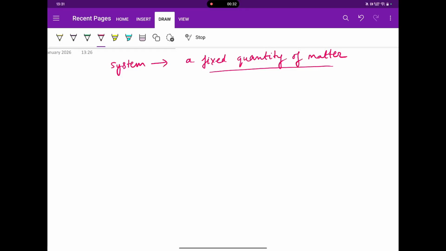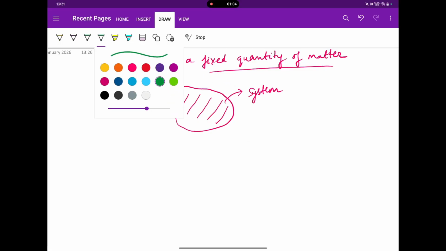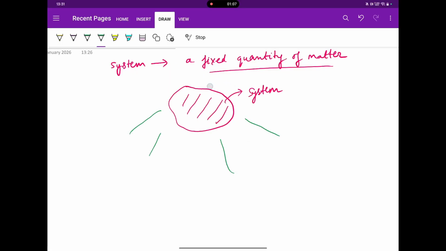Let's say we consider this as our system. Then it has a certain boundary, right? Whatever mass I'm considering here, I define it as a system, and whatever is outside of this boundary, whatever is remaining other than this, that is the surrounding for us.